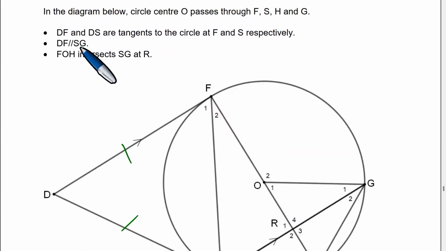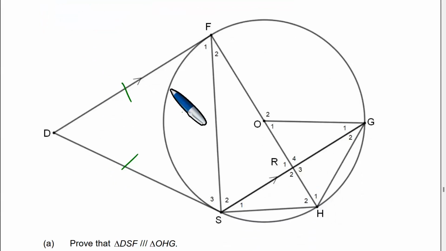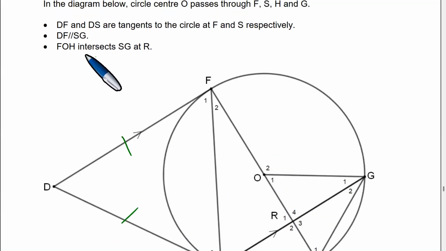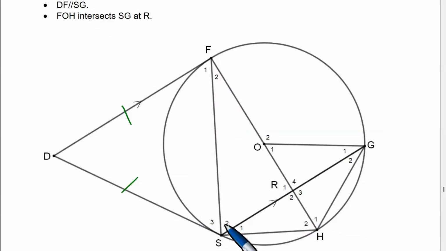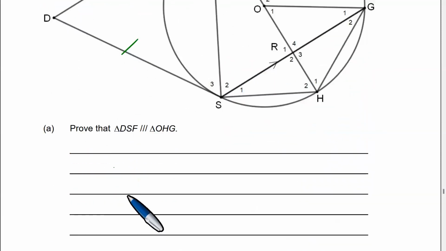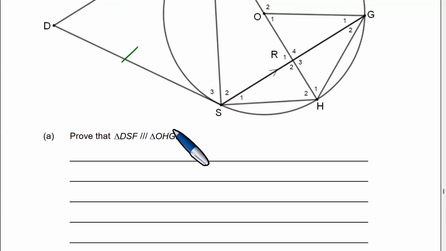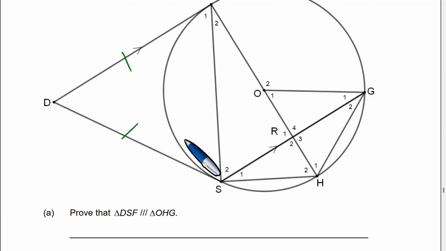DF is parallel to SG, and FOH intersects SG at R. Prove that triangle DSF is similar to triangle OHG.